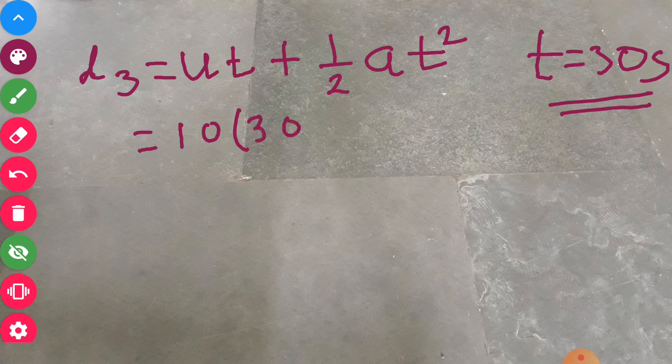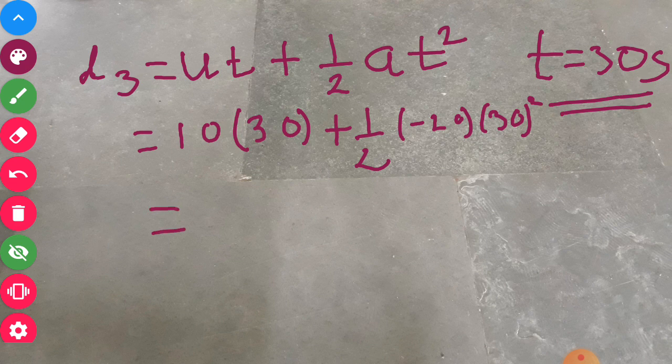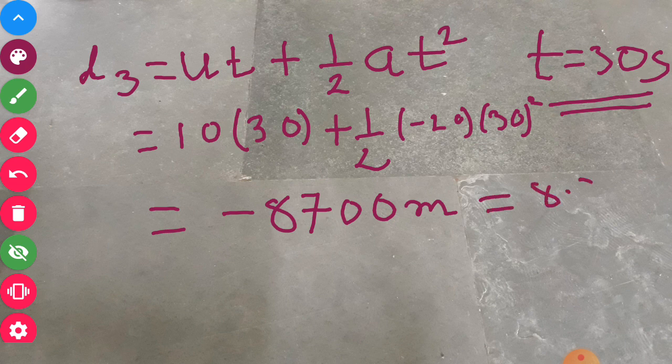So we write, instead of t, 30, plus 1 by 2, acceleration minus 20 and square of 30. If you simplify this, you will get minus 8700 meters, or 8.7 kilometers, with negative sign.